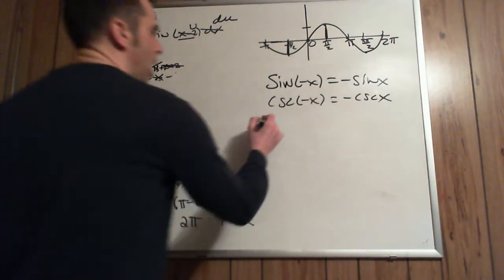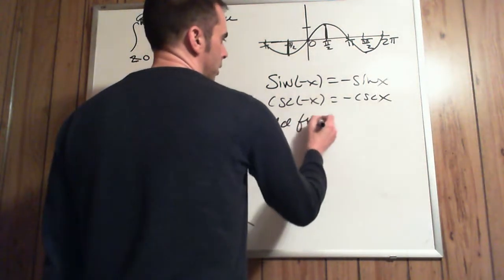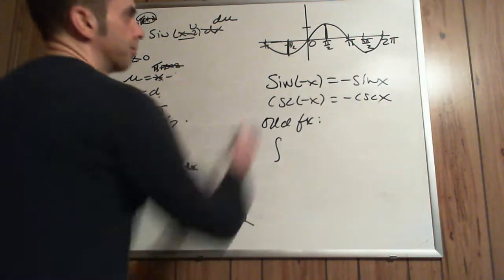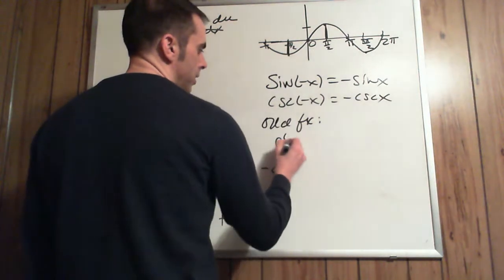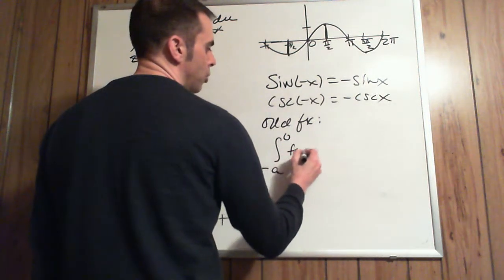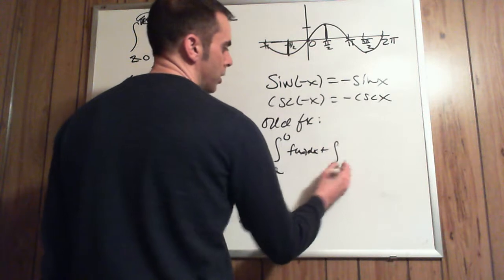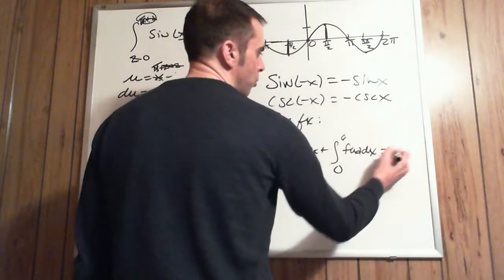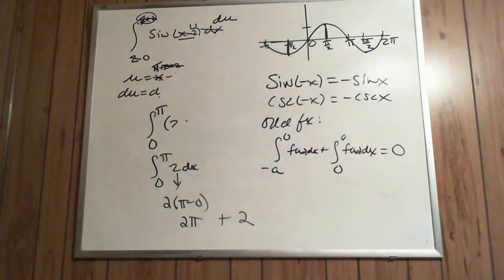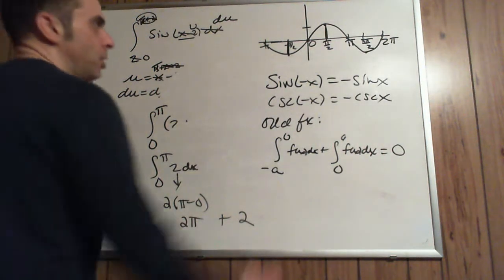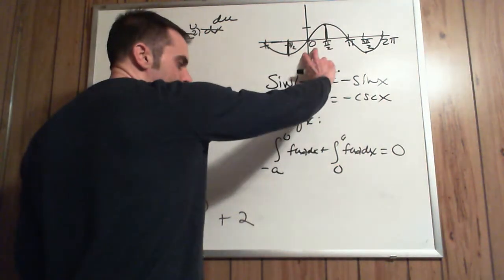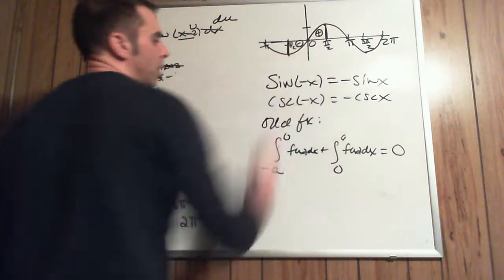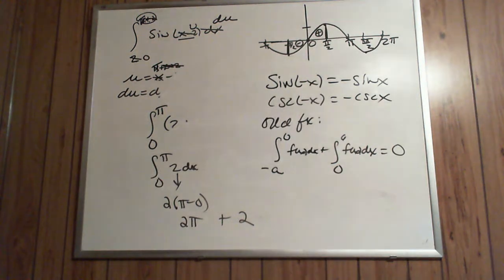If you have an odd function, the definite integral from negative a to 0 of f of x dx plus the integral from 0 to a of f of x dx will be equal to 0 when f is odd, because the origin is what splits up the areas to where you've got the same area above as you've got below, and when you add them you get 0.